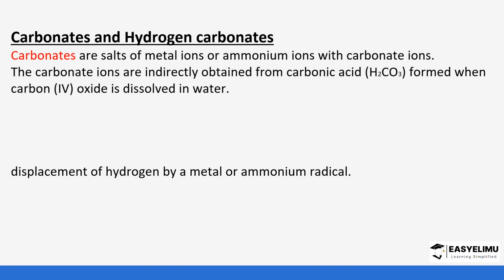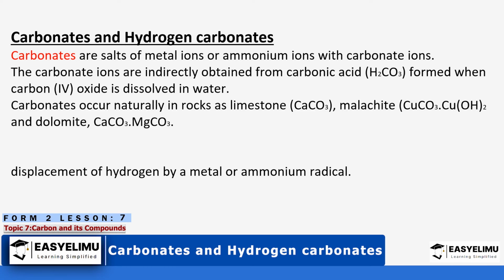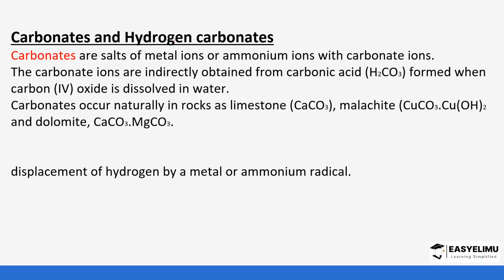Carbonates are salts of metal ions or ammonium ions with carbonate ions. So the carbonate ions are obtained from carbonic acid when carbon dioxide dissolves in water. You can see in the formula of carbonic acid, there is a carbonate ion and a hydrogen ion.